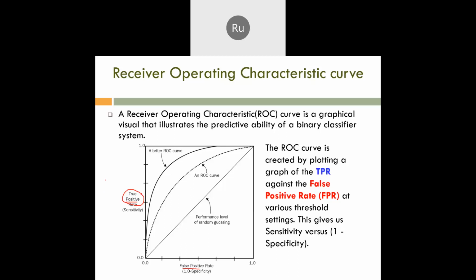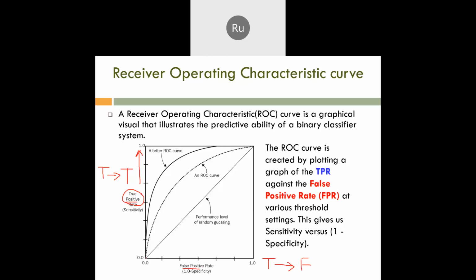True positive means that the actual value is true and you predict it as true, right? So what you want is to increase the percentage of true positive here. What is false positive? False positive is that the value is false, but you predict it as true. So you want to reduce this one, the false positive.